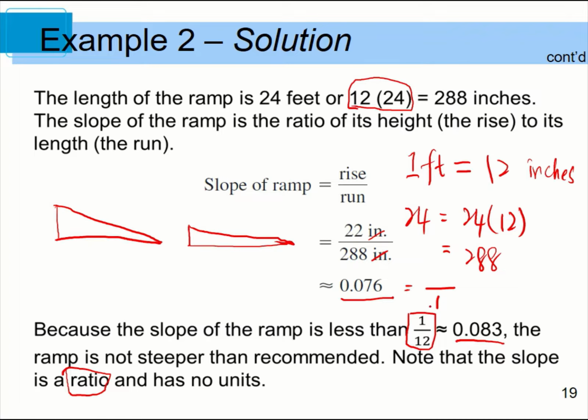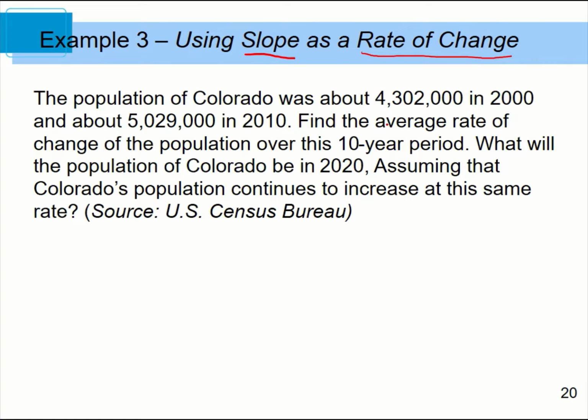Now let's look at another example to interpret the slope as the rate of change. The population of Colorado was about 4,302,000 in the year 2000, and the population is 5 million plus in the year 2010.